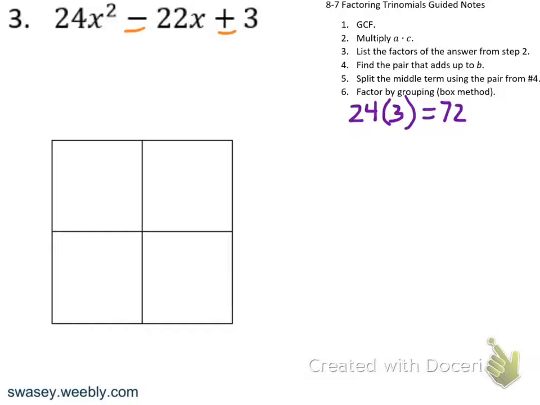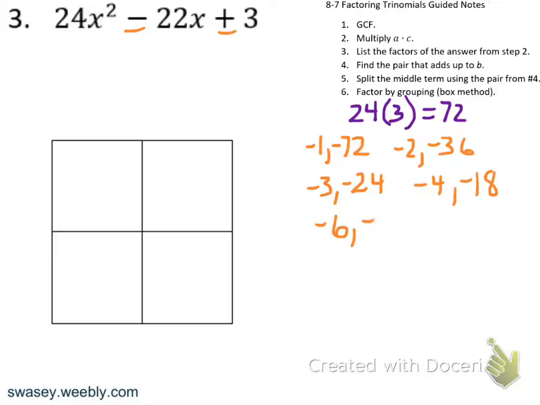Ways to multiply and get 72: negative 1 and negative 72, negative 2 and negative 36, negative 3 and negative 24, negative 4 and negative 18, negative 6 and negative 12, and negative 8 and negative 9. We're looking for the pair that adds up to negative 22. So the pair that adds up to negative 22 is going to be negative 4 and negative 18.